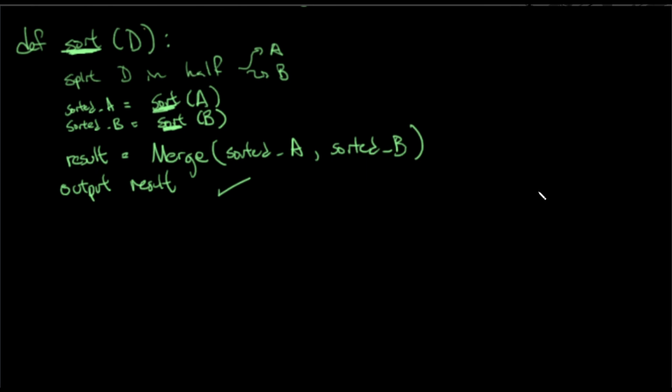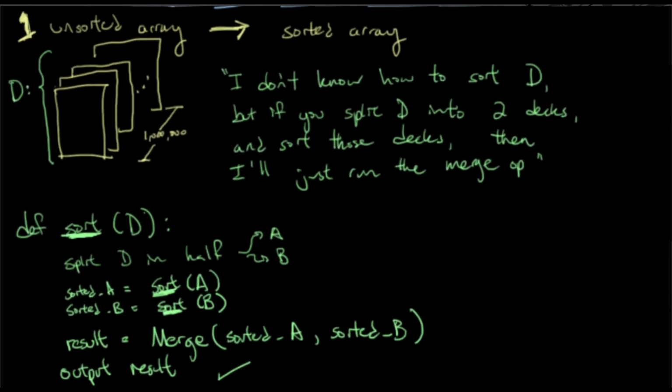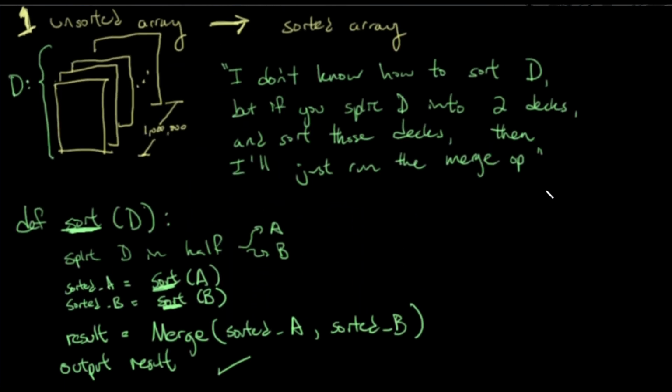And so we have to stop somewhere, and the intuition behind where to stop is to look back at this quote that we have, which is, I don't know how to sort D, but if you split D into two decks and sort those decks, then I'll just run the merge operation on them. The key thing we need to look at is the I don't know how to sort D part. The reason we didn't know how to sort D was because it was a million cards long.